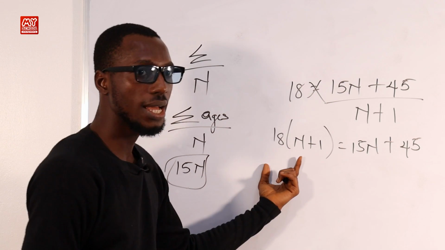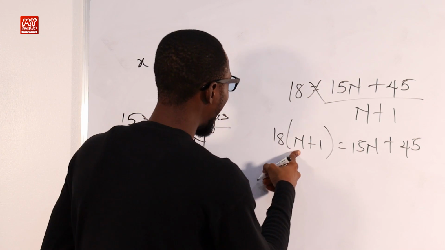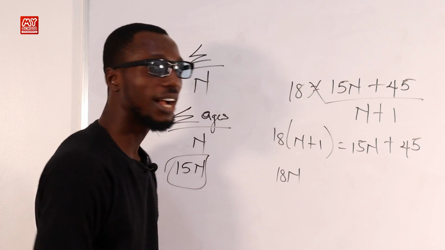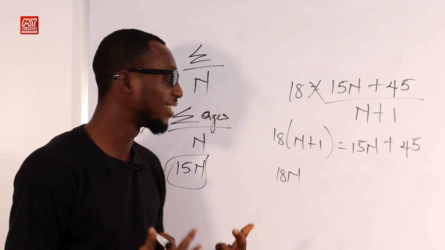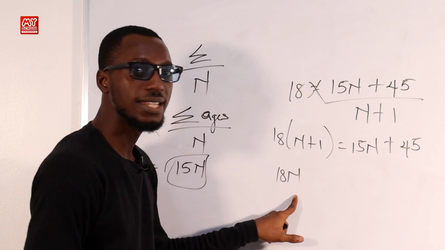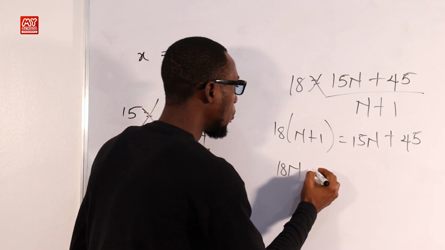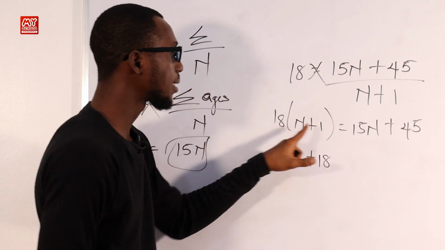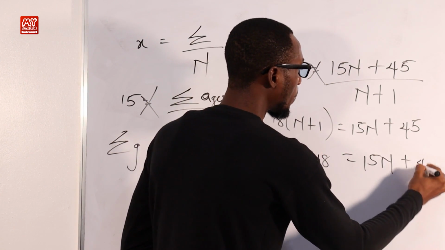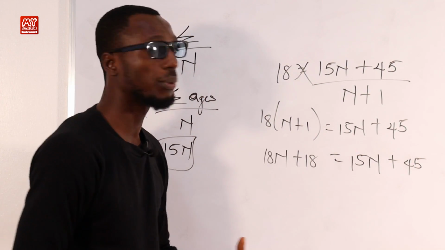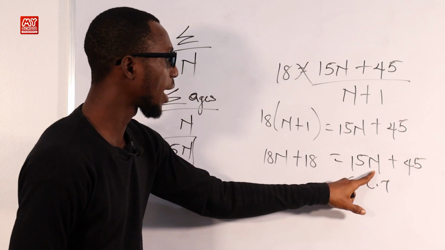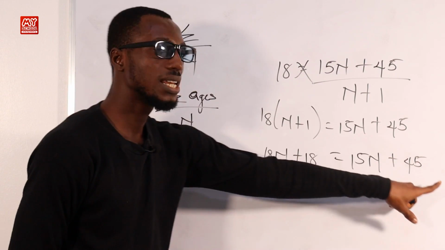What can we do? Let's expand this bracket. 18 times n, we have 18n. This is super easy to solve. Remember that you can go through all of these steps again and get well familiarized with what we are doing. So 18 times n, we have 18n, plus 18 times 1, that is 18, equals 15n plus 45. What do we do here? We can collect like terms. We send n here, we send 18 out there.